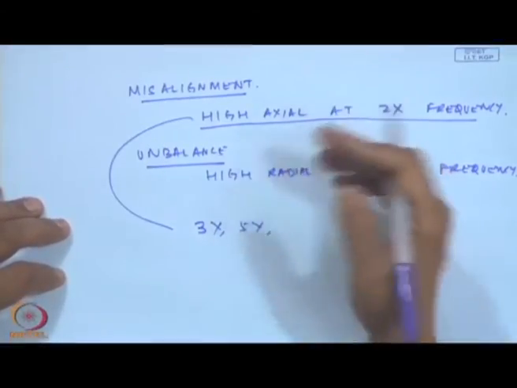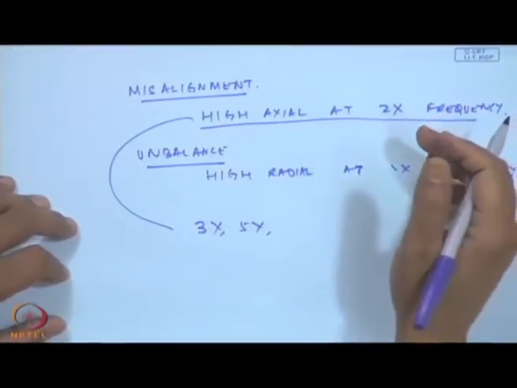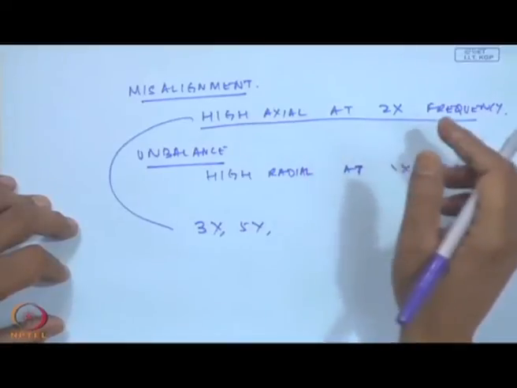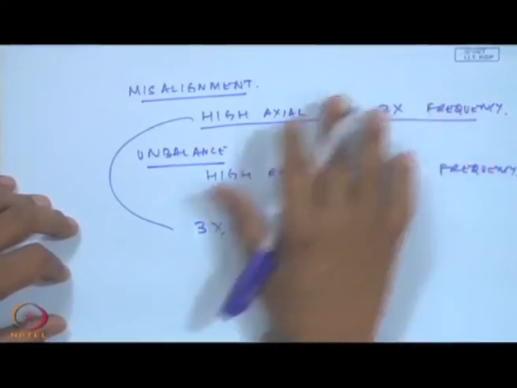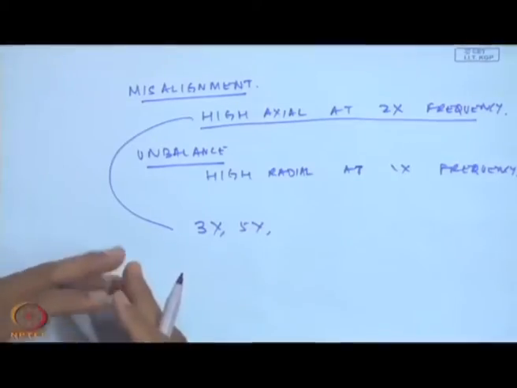Though if you go to any handbooks on condition monitoring or any trade guidelines, they usually give a machinery troubleshooting chart, which says if it is high axial and at 2x frequency, it is misalignment. That is well and good, but one has to be careful that it is not necessarily always true.